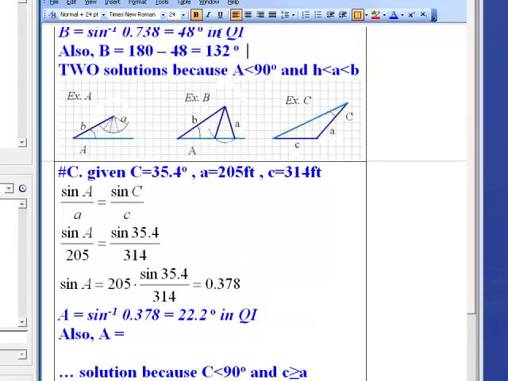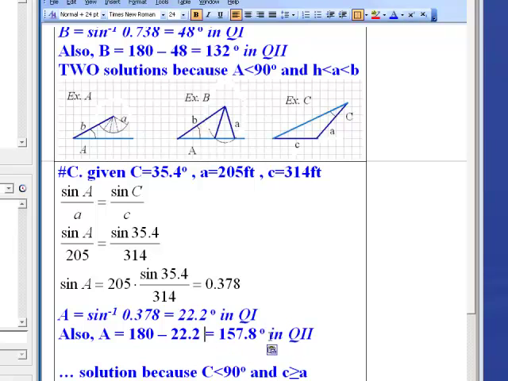Yep, it's right there. So quadrant 2 was in the previous problem. So in quadrant 2, we come up with 180 minus 22.2 degrees equals 157.8 degrees. So there's a second possibility.